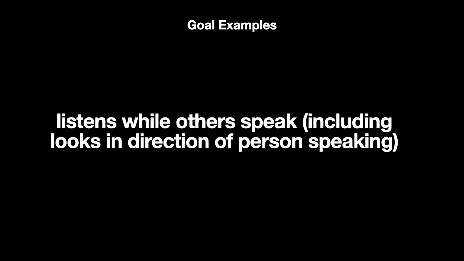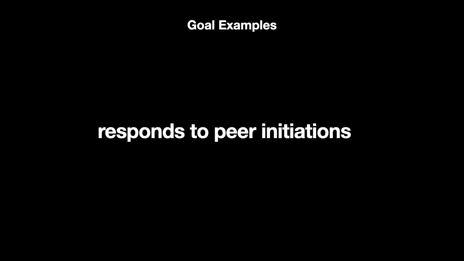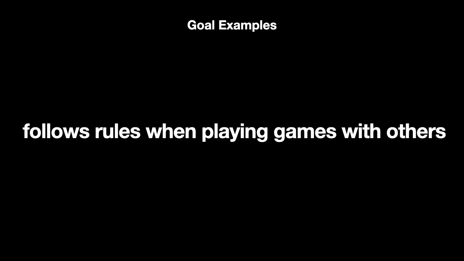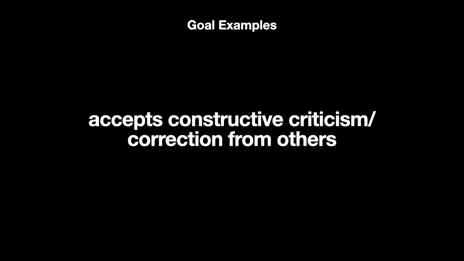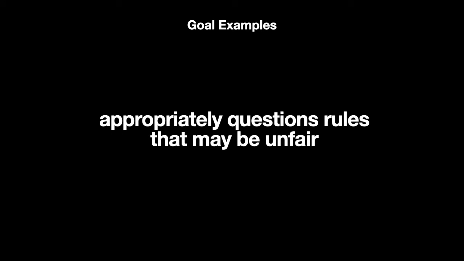Your child might need help so that he listens when others speak, including looking in the direction of the person speaking, uses on-topic language, responds to peer initiations, initiates conversations with peers, initiates activities with peers, keeps conversations with peers going, joins group activities, terminates interactions appropriately, compliments others, provides assistance to peers, follows rules when playing games with others, compromises with peers, responds to teasing, accepts constructive criticism or correction from others, appropriately stands up for his rights or expresses his feelings, appropriately questions rules that may be unfair.